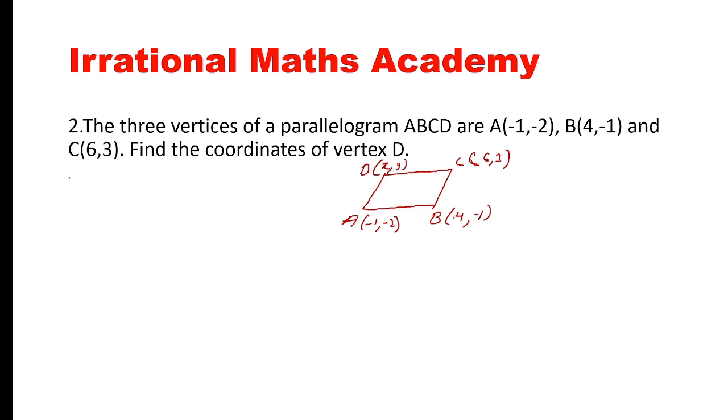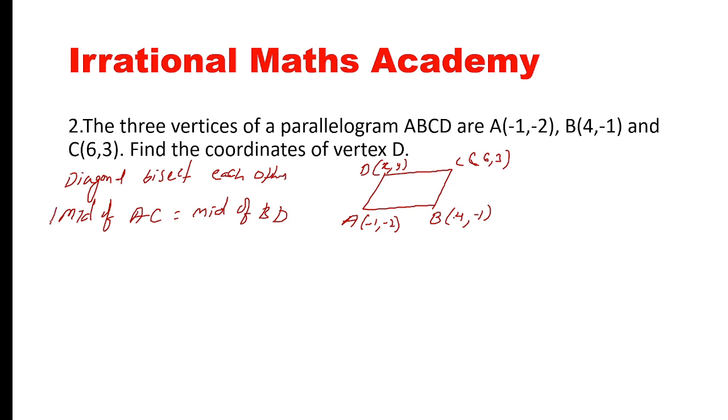Okay, so same thing, what we know, diagonals bisect each other. That means we can write midpoint of AC equal to midpoint of BD. This one don't forget. If you want to solve problems related to parallelogram of finding the coordinate, you have to remember this property, diagonals bisect each other.